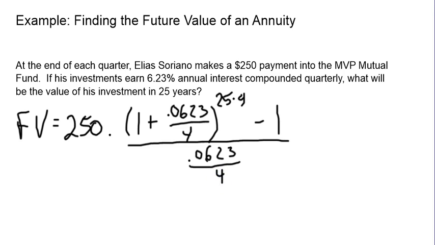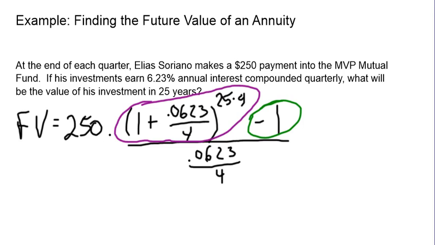Order of operations is going to be really important when you type this in on your calculators. The first thing you should do is find this value. Find out what that value is, type it in. Then you're going to subtract 1 from that value. Then you will need to divide by this value.